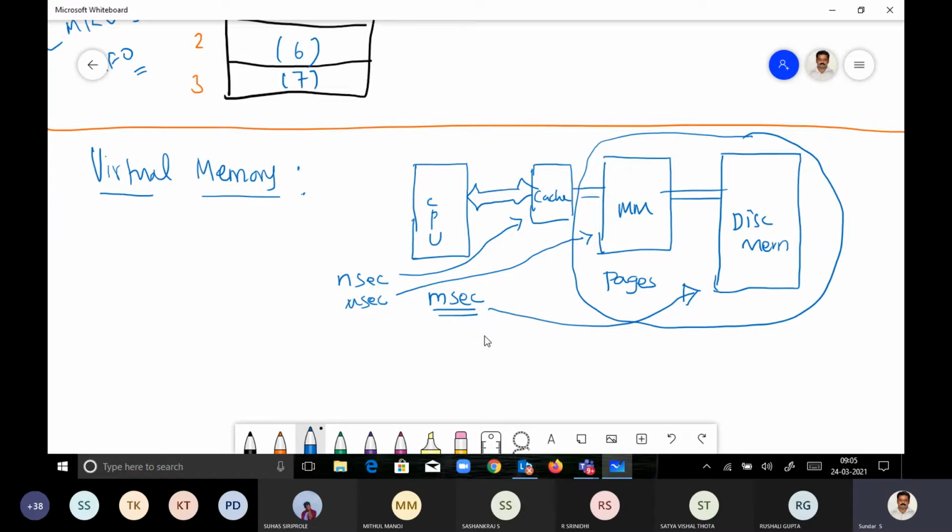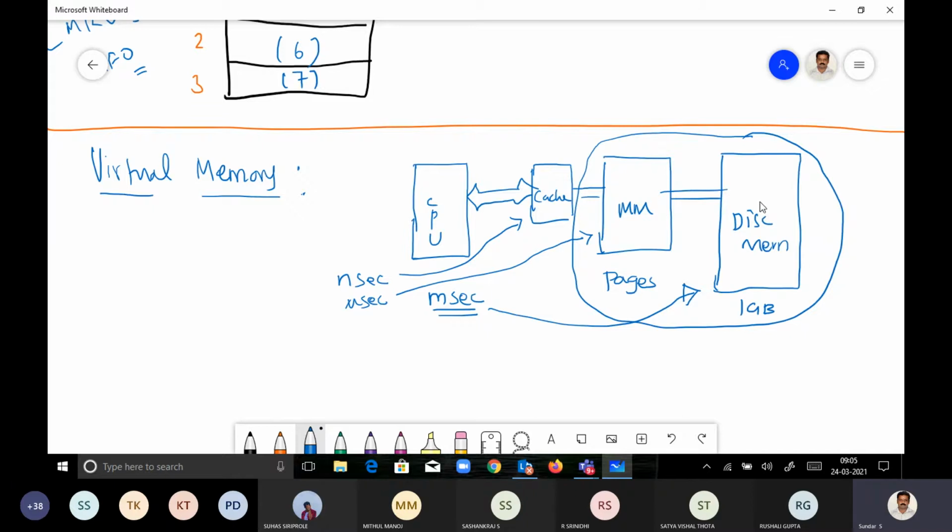Now originally, we users think about the size of this memory, and we write programs according to this size. Suppose this is 1 gigabyte capacity, then we think that we can write a program of close to 1 gigabyte so that we can process it in our system.